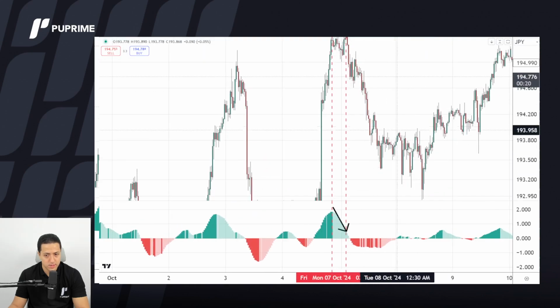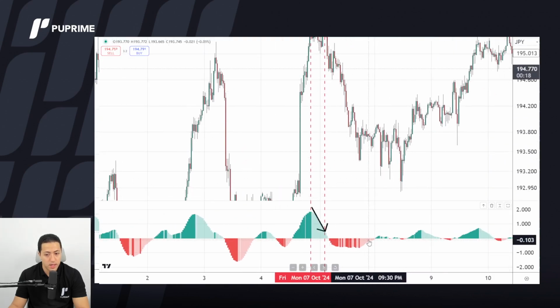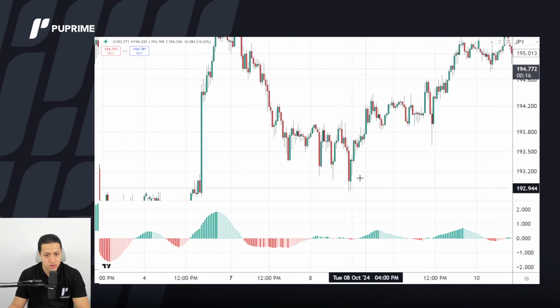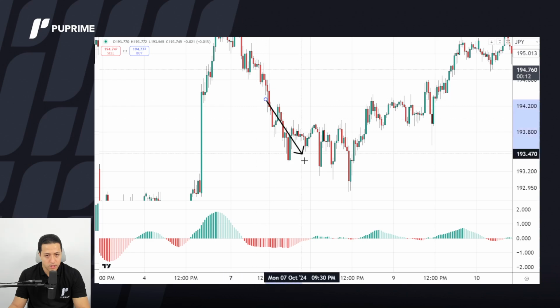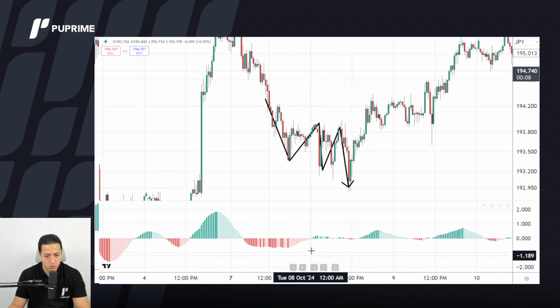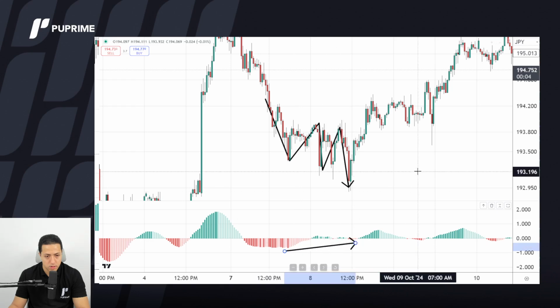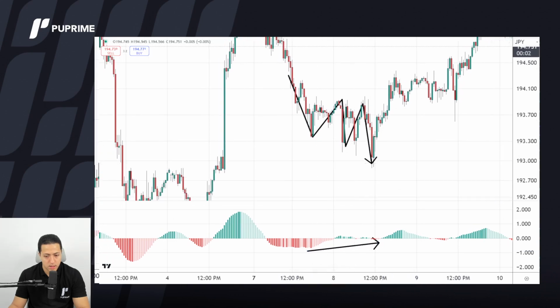We have seen this downward move, and even here after this downward move, prices are moving to lower lows while momentum is moving higher. And yes, there is a demand zone here.